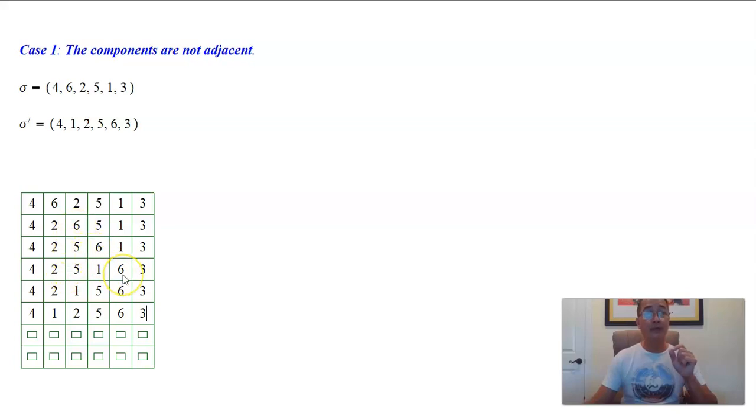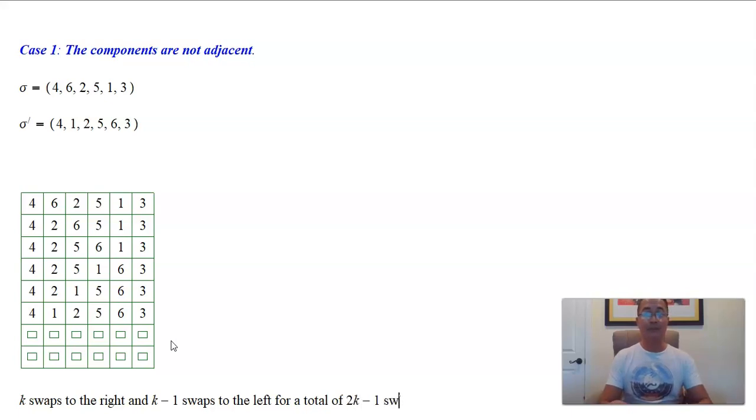So we have 1, 2, 3 swaps for the 6, 5 minus 2, and then the 1 only needs 2 swaps to go to the left. So in general, if we have k swaps to the right, we will have k minus 1 swaps to the left, for a total of k plus k minus 1, 2k minus 1 swaps.